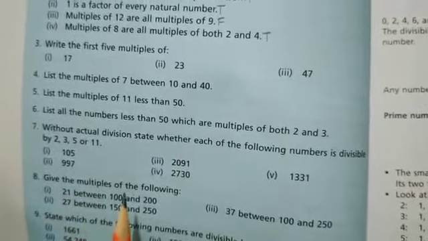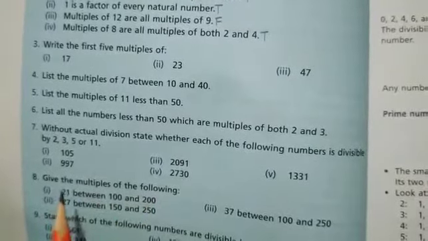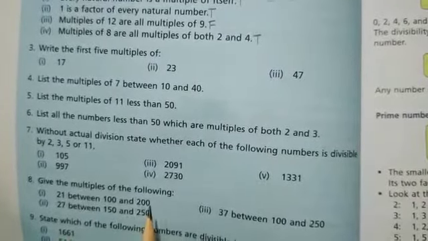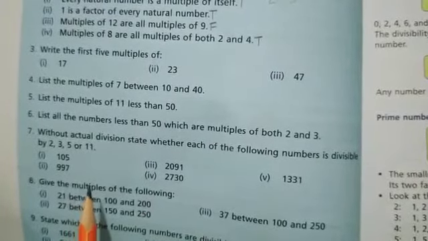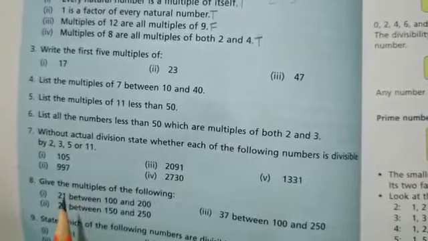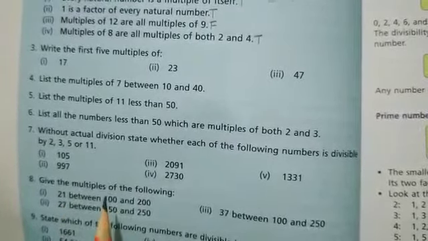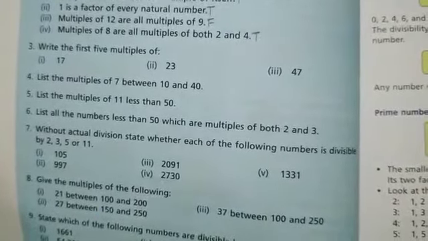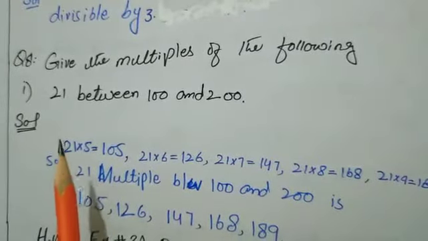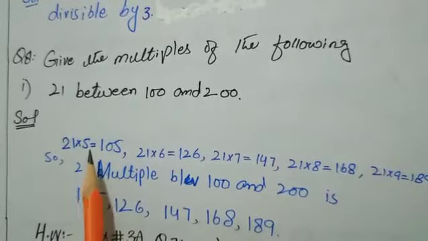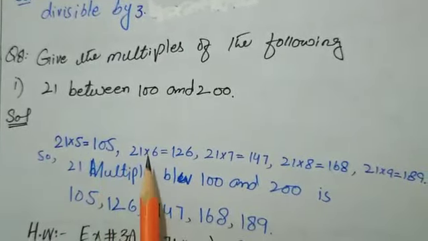Question number 8 is given the multiples of the following. First part: multiples of 21 between 100 and 200. We write the table of 21, the multiples of 21, and pick the answers that come between these values. First, 21 multiplied by 5, answer is 105.